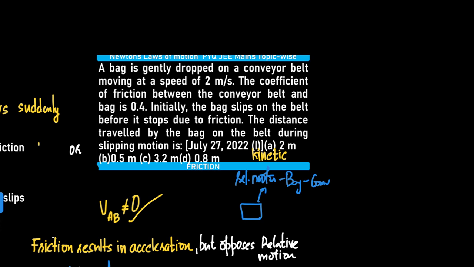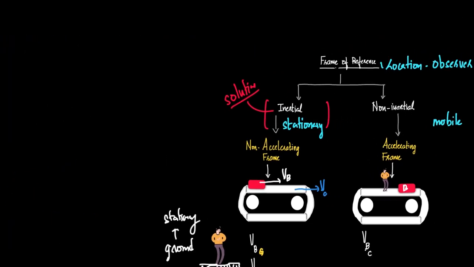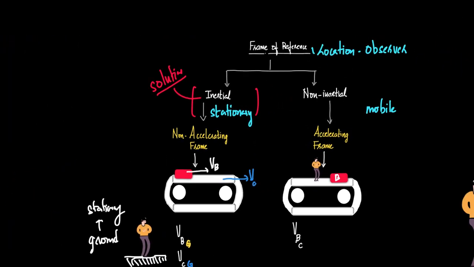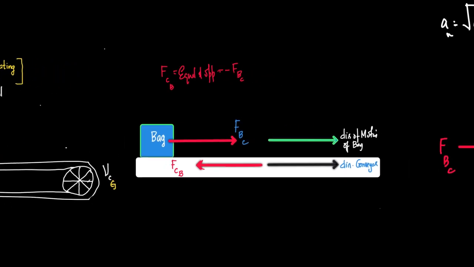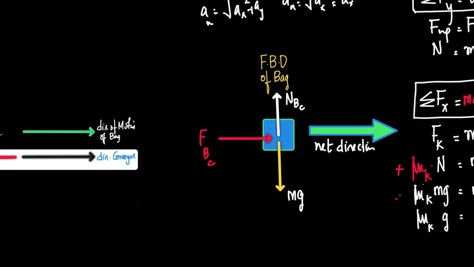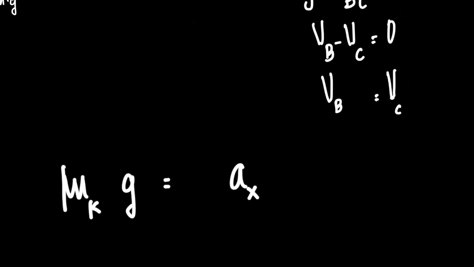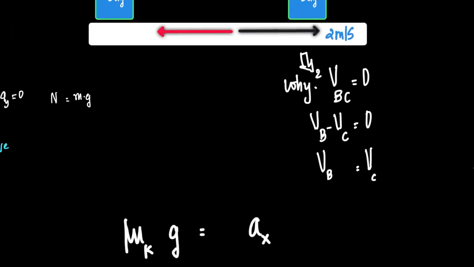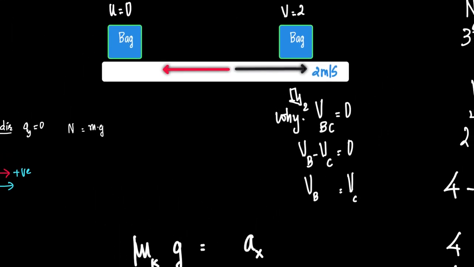Now when it stops due to friction, when it is moving with the conveyor belt, what can we say about the velocity? Sorry for the lag here. When it is stopping on the belt, it means that the bag has acquired the same velocity as that of the conveyor belt, which is 2 meter per second.